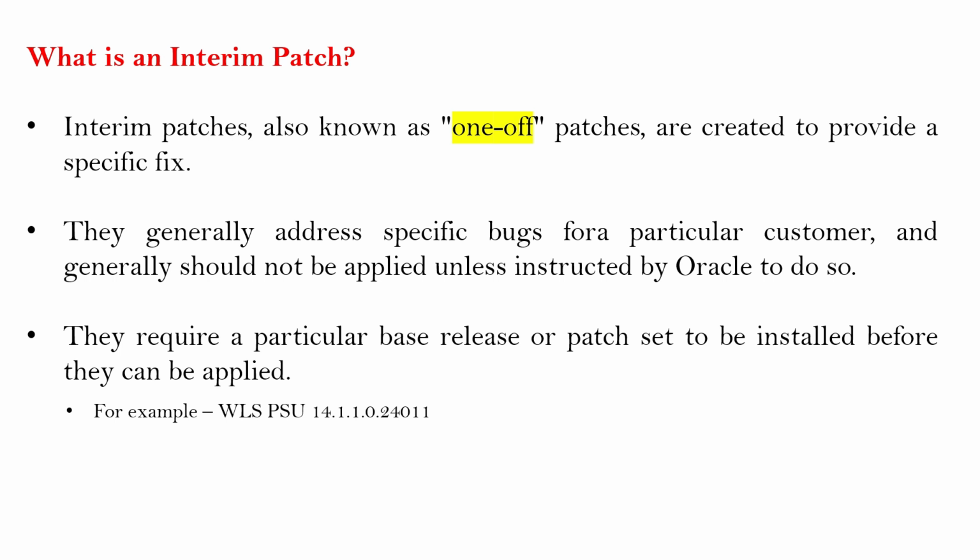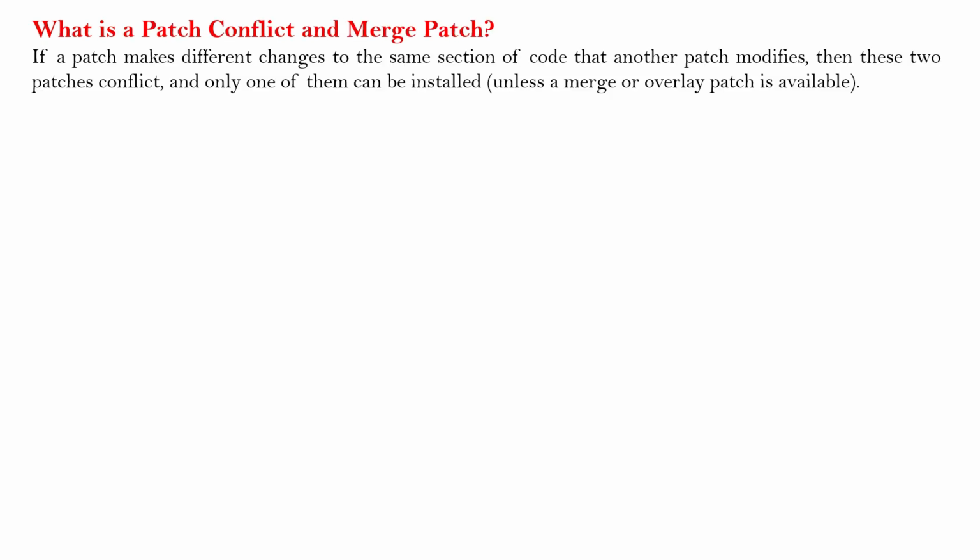For example, here you can see in this slide, the version is 24011, and in the next quarter, you may get 24012 or 24013, or something in incremental value. So there's a prerequisite that you have to have in your system, and on top of that, you can apply the one-off patch that you will get from Oracle. So this is a one-off patch which could be specific to a customer.